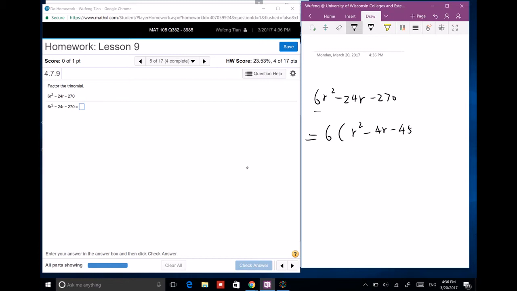When we continue to factor this, it should be a simple one. r minus 9, the difference between 9 and 5 is 4, and r plus 5. This one should be pretty simple. r and r, negative 9 and positive 5. Cross multiply: 5r minus 9r, which is negative 4r.